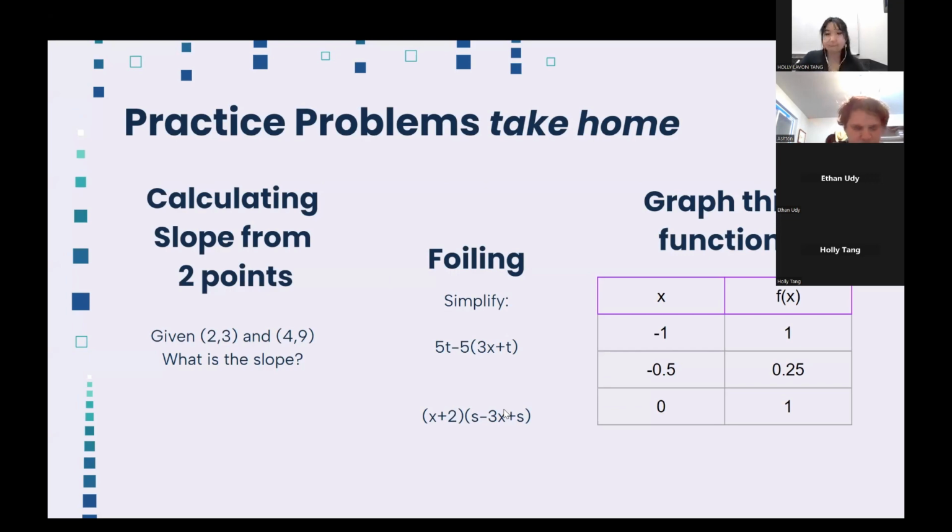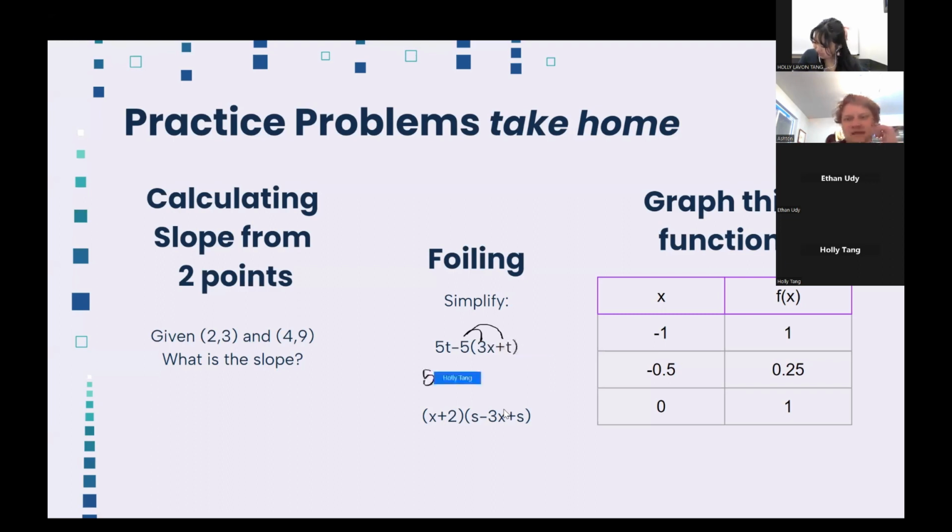Well, I got negative 15x for the first simplify one. I got negative 15x plus 10t. All right. So I see what I did wrong.